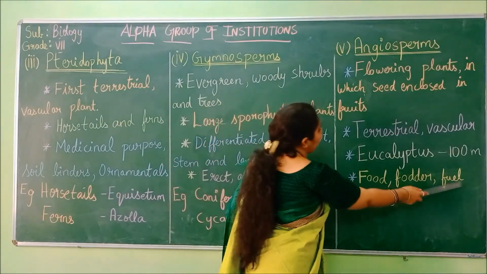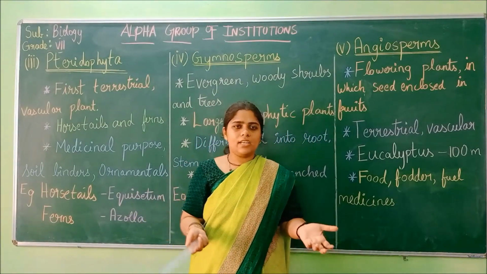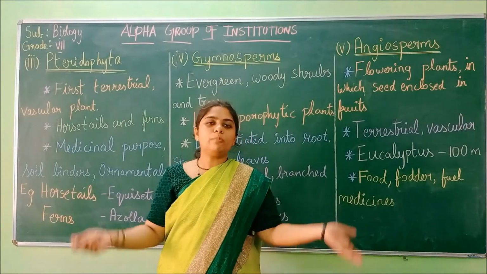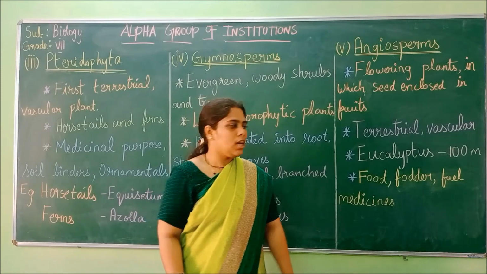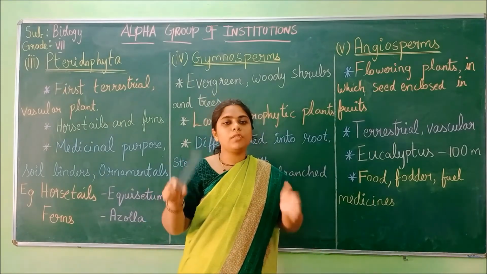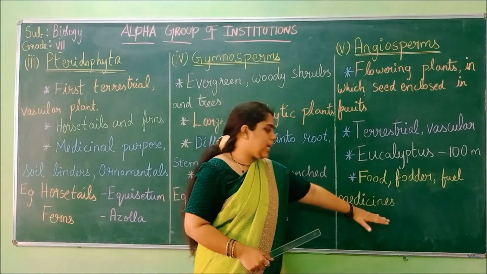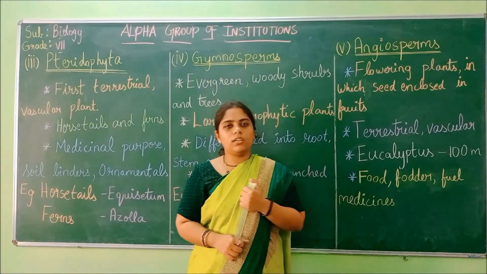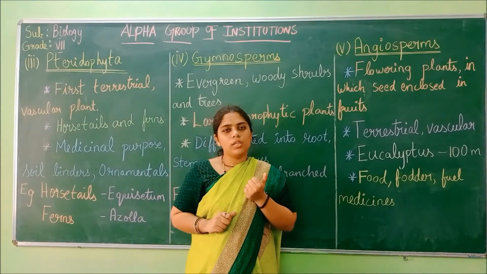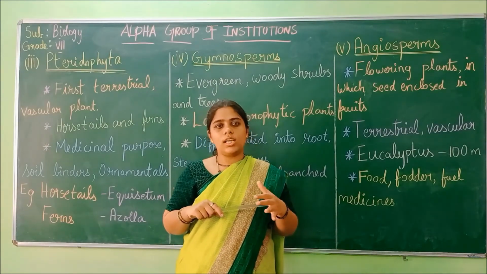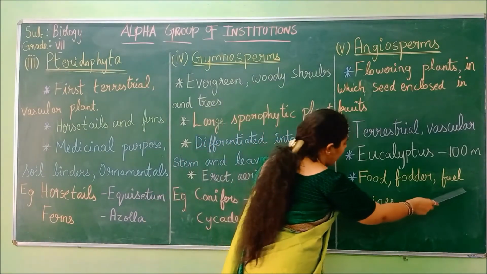And next is fuel, for burning purposes. To get heat energy, what will we do? We will put the wood together and make fire for heat energy. The wood comes from trees. So in angiosperms, this wood will be used as a fuel. So those woods are from angiosperms. So food, fodder and fuel.